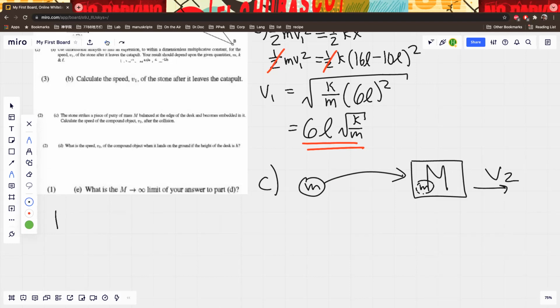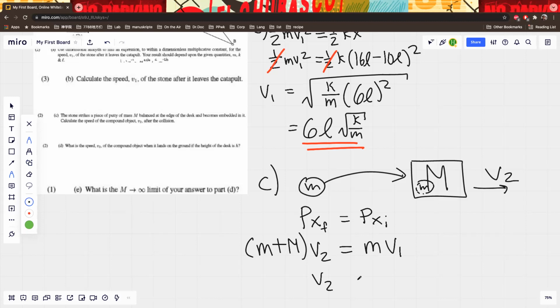On the left side, it would be the mass of the ball times the velocity of the ball. And on the right side, it'll be the mass of both the ball and the block of putty times the velocity we're trying to find. Excellent. So we can immediately isolate and get v2 equals m v1 over m plus capital M.